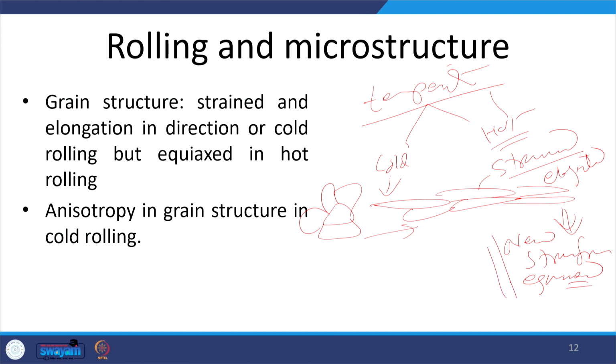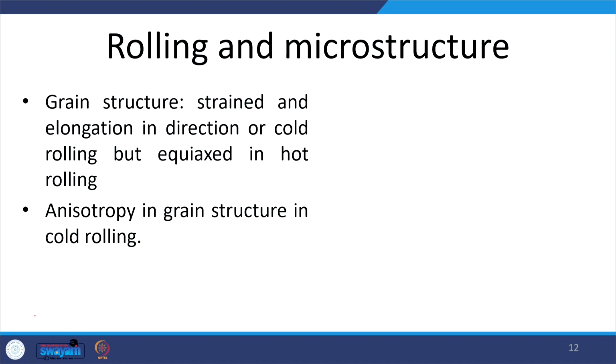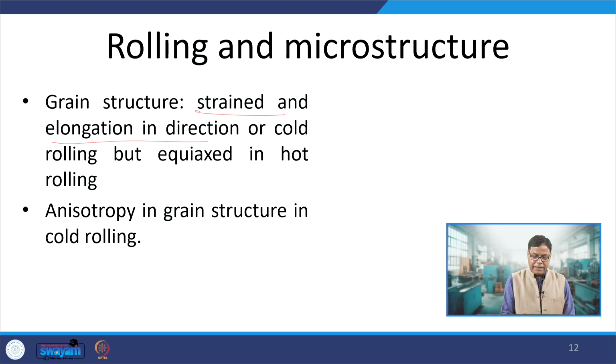So, all that work hardening effect is lost and new equiaxed grains are produced. We can say in a nutshell, in cold rolling strained and elongated grains are produced in the direction of the rolling, but in case of hot rolling, equiaxed grains are produced.